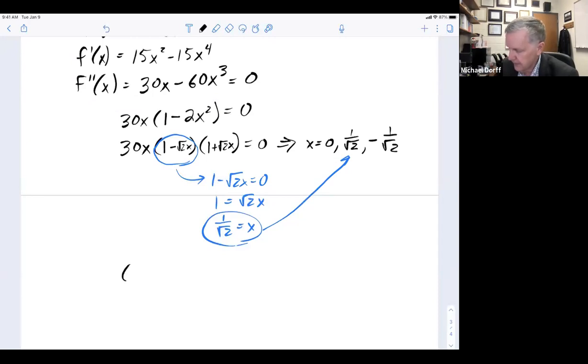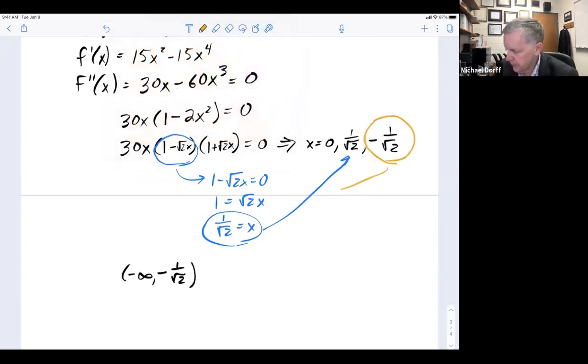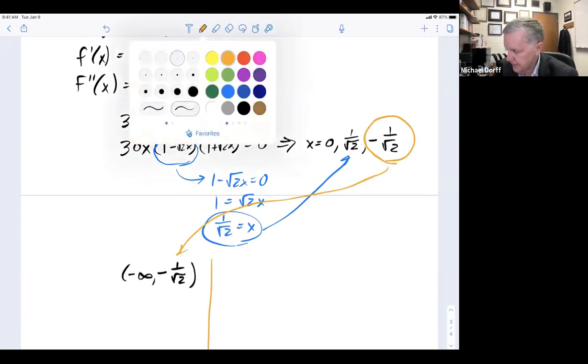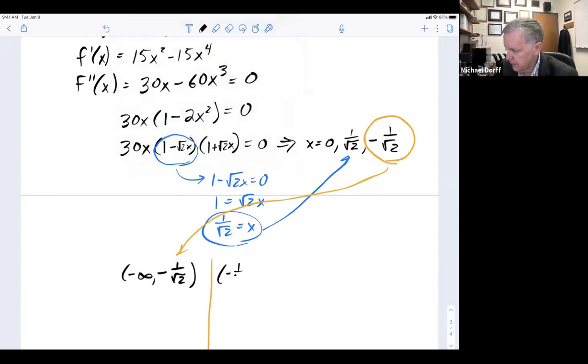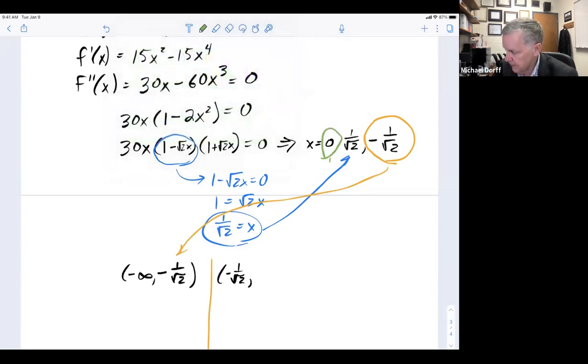So my intervals are going to be negative infinity to the smallest number, which was negative 1 over square root of 2. And then I get the next interval, which is going to be negative 1 over square root of 2 to the next smallest number, which is 0.